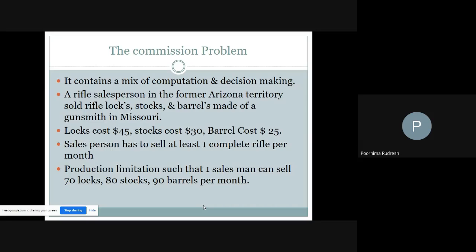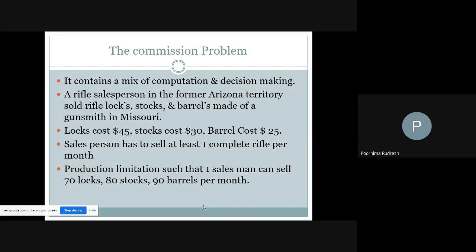The condition is that the salesperson has to sell at least one complete rifle per month. One complete rifle means he has to sell locks, stocks, and also the barrels. Then we say that the sale is completed.